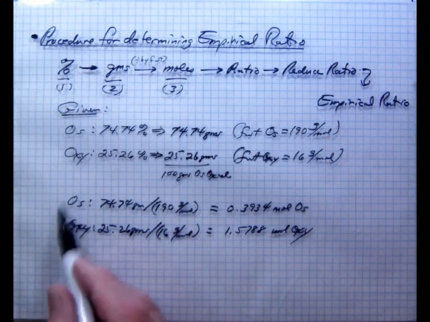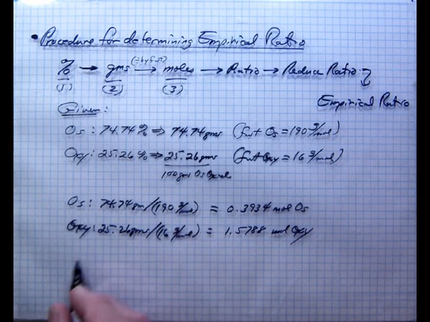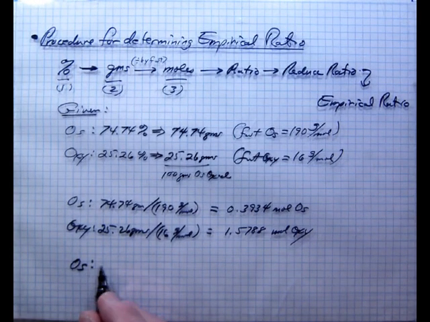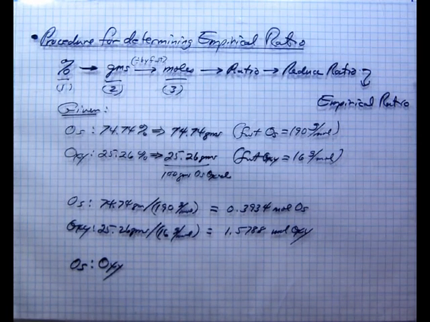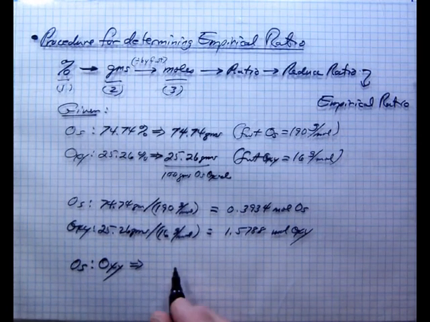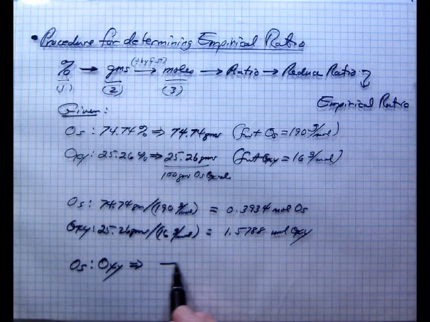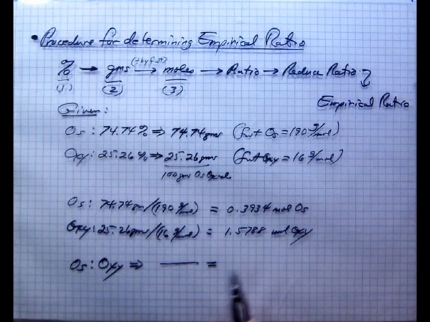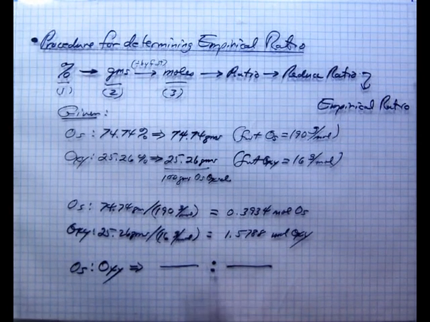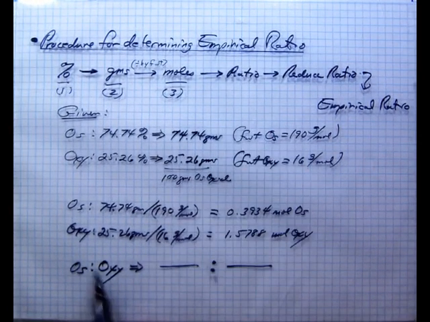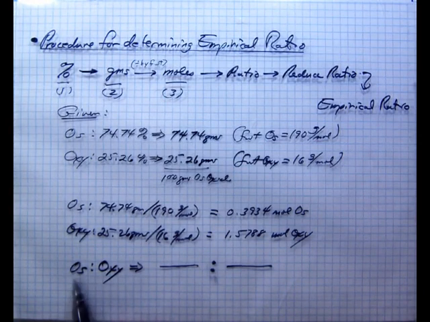I'm going to have the metal first, followed by the non-metal. So I'm going to set up osmium to oxygen, like that. What I'm going to do is osmium colon oxygen. When I set up the ratio, you recognize a ratio, but I'm going to put a blank and blank.